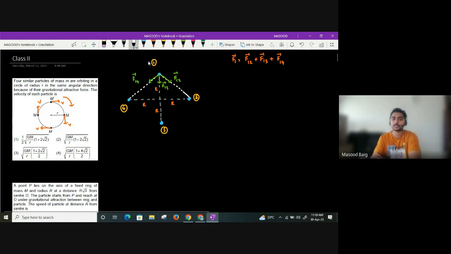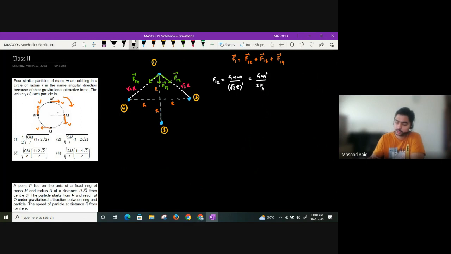If you talk about the magnitude, what is F12? You will get it as G into M divided by the distance squared. If this is R, this is R, automatically this becomes root 2 times R. So I will get G m square divided by root 2 R whole square, which is G m square divided by 2R square.